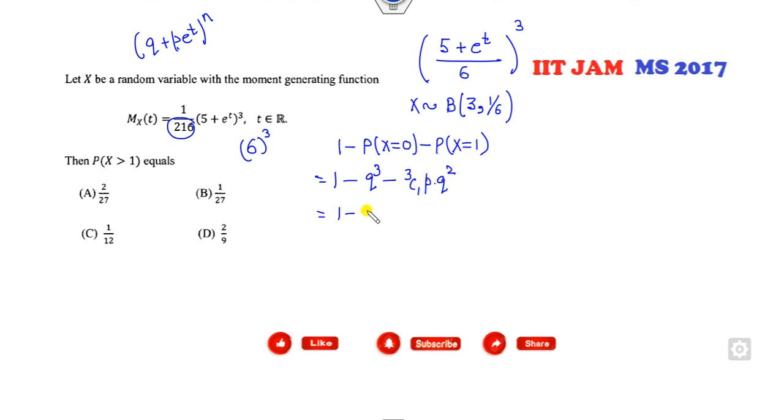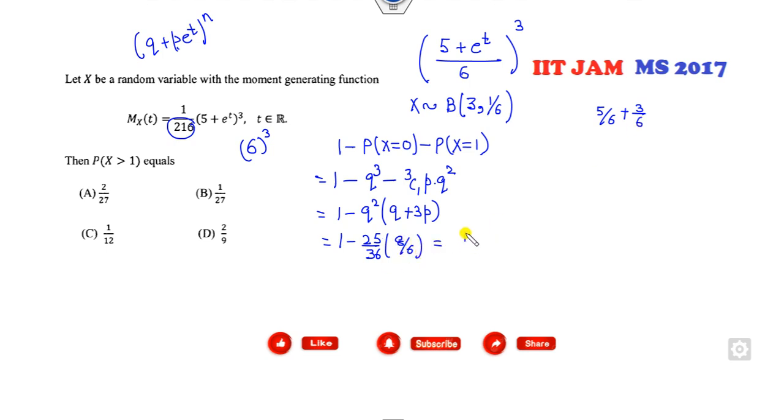So 1 minus q squared, I can take as common, (q + 3p). I can substitute here: 25 over 36 is q squared, q is 5 over 6, and 3p is 3 over 6, so 8 by 6.